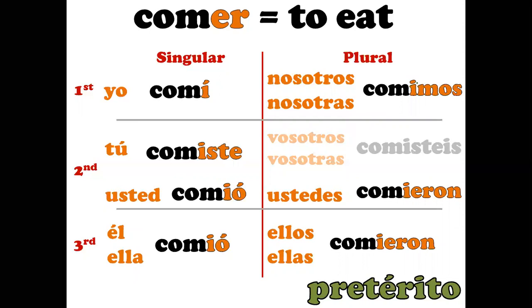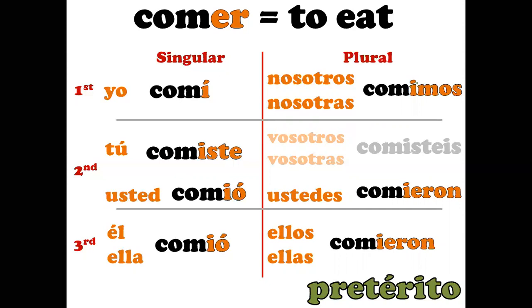Not that different from aste o amos aron, except the beginning, but pretty easy to remember, sort of divorced from the verbs. But remember, you need to remember the endings mean something. They have a meaning. So, comí, I ate. Comiste, you ate.